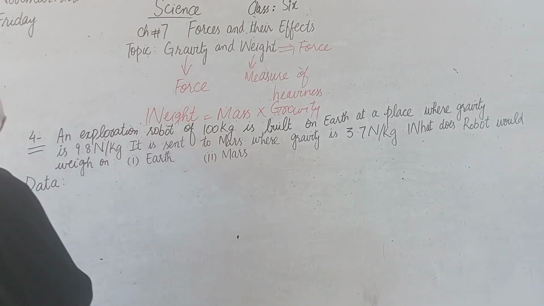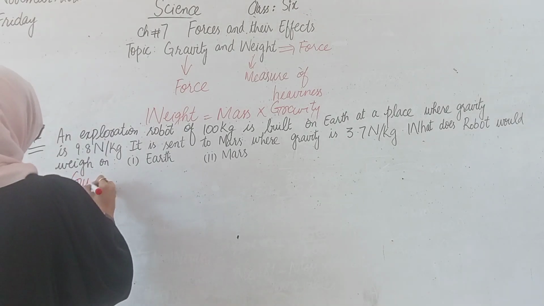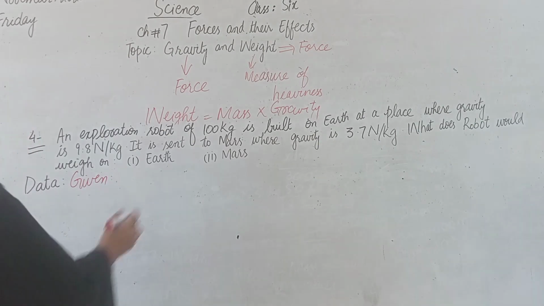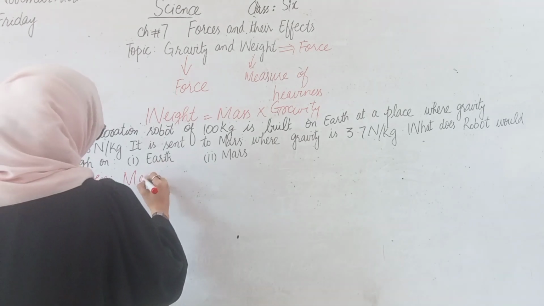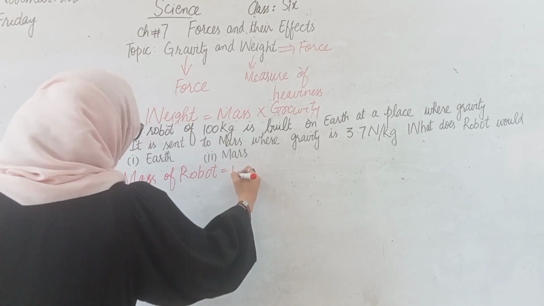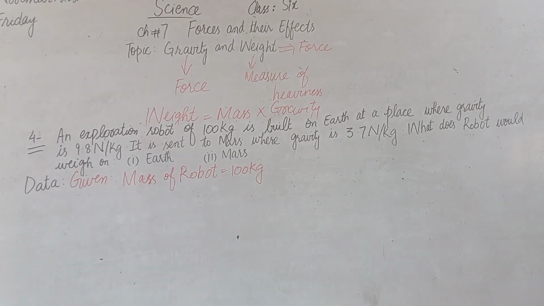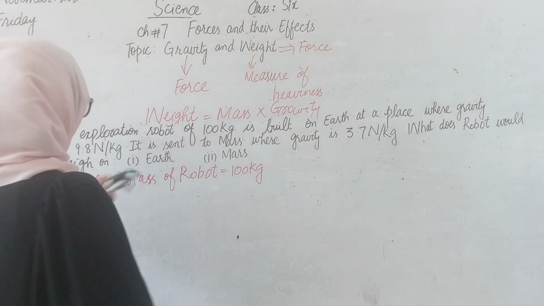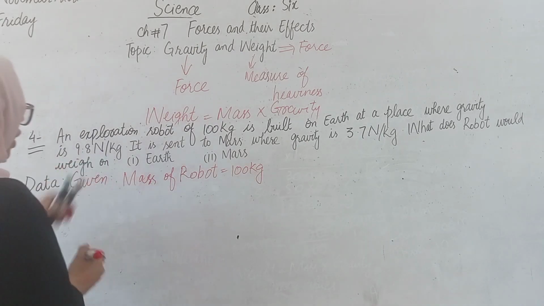In our data, we write two things, given and required, and we have given the mass of the robot, that is 100 kilogram, and we have given gravity for Earth and Mars. At first we are doing the weight on Earth, so we will use the gravity on Earth, that is 9.8 Newton per kilogram.